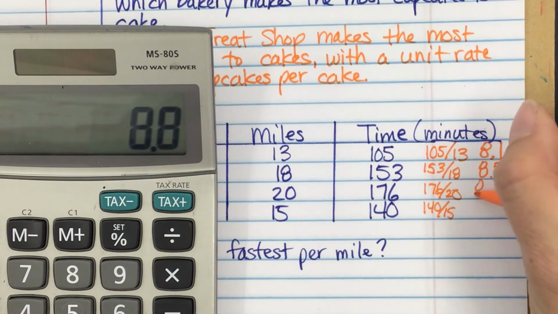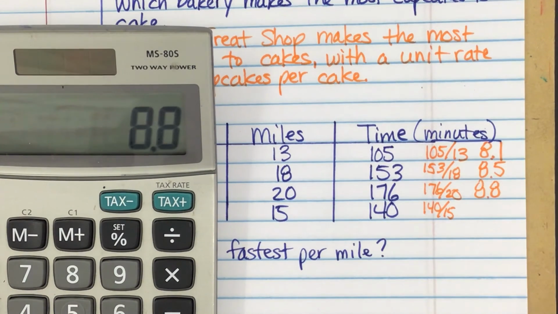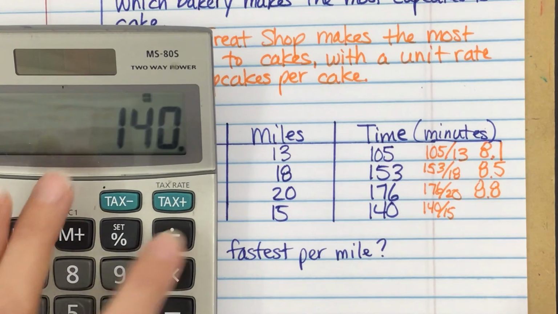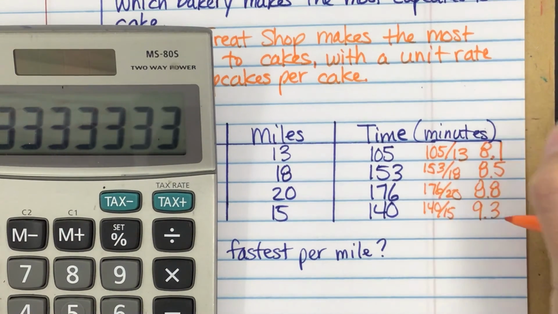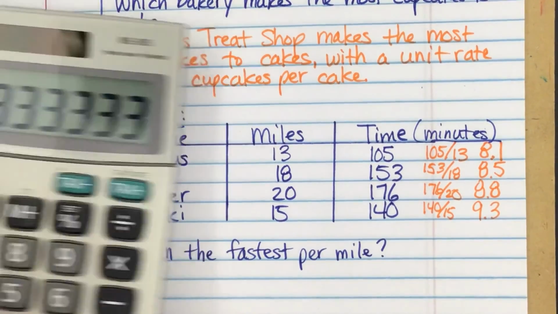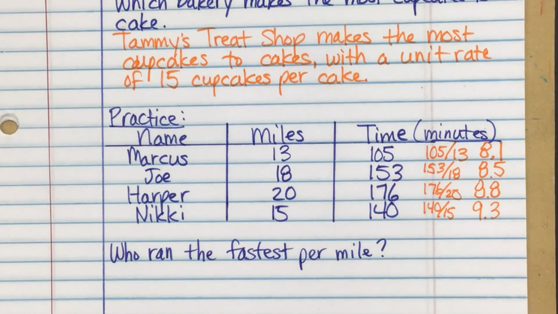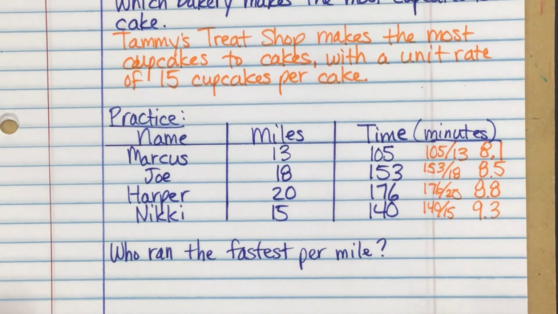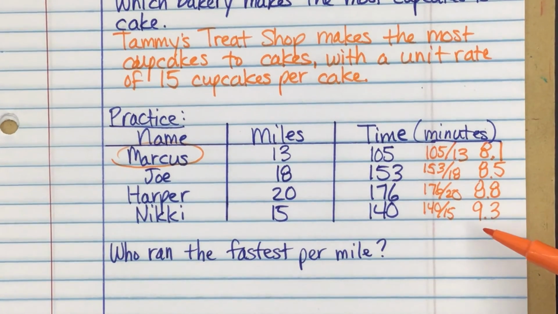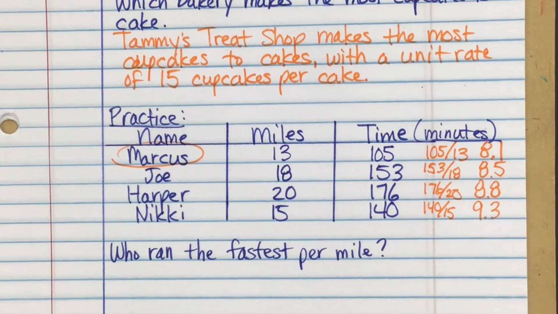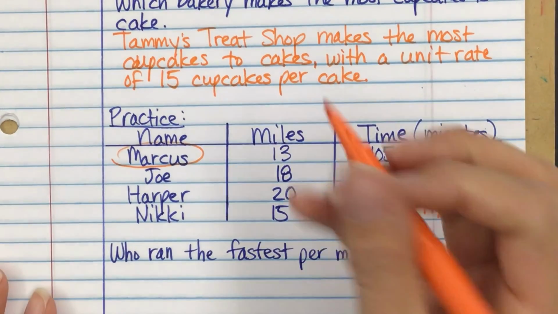This is an 8.8 minute mile. And then 140 divided by 15. We get a 9.3 minute mile. So who's our fastest? Yes, you guys are right. Good. I was looking at the biggest one thinking that that's it, because I just looked at a Best Buy problem and you want to pick the biggest one. But yes, the fastest person is Marcus.